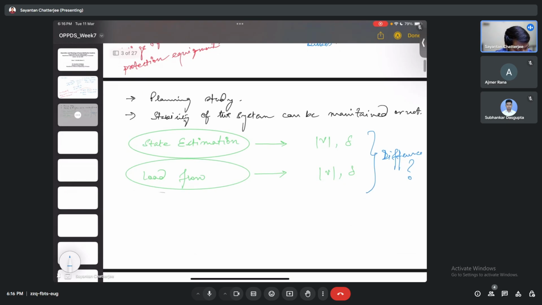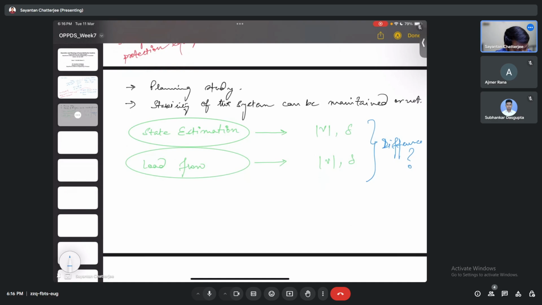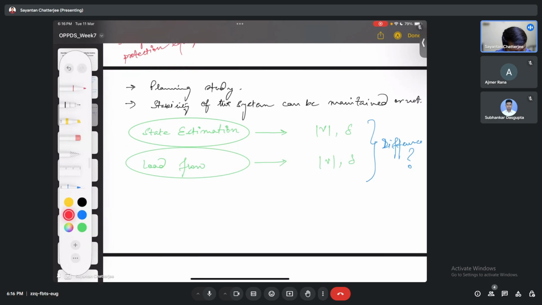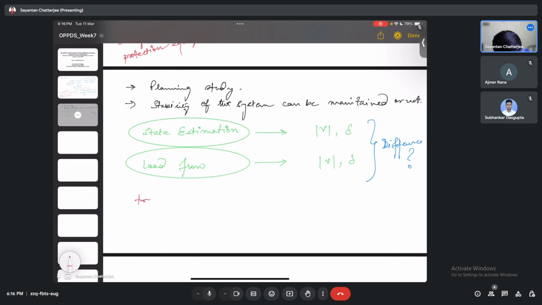Forget about the three-phase and single-phase. Consider that all are balanced. Although we know that the distribution system is not balanced, and the transmission system is mostly balanced because of the transposition of the conductors being performed at regular intervals.